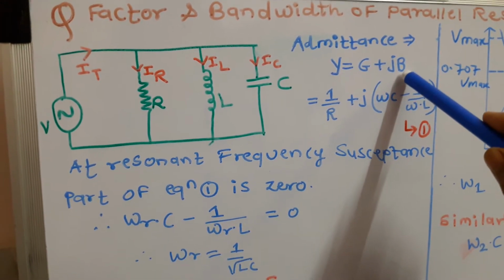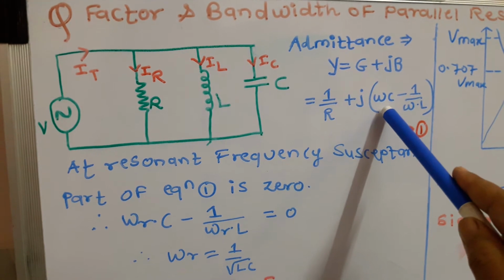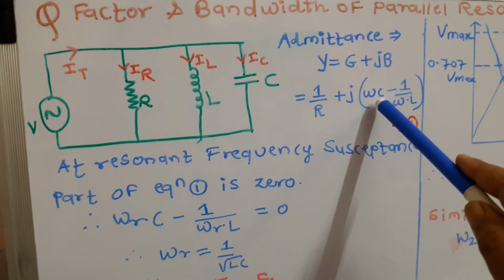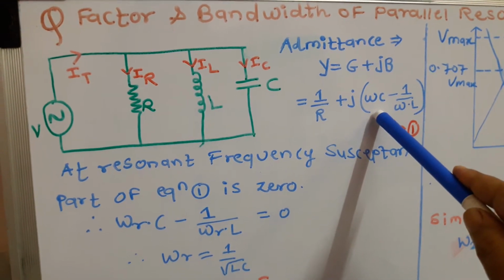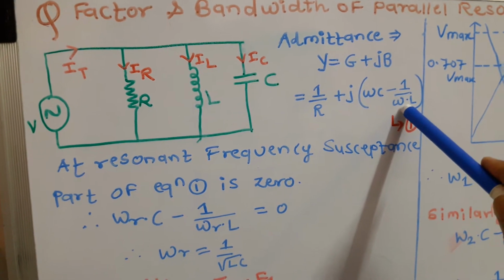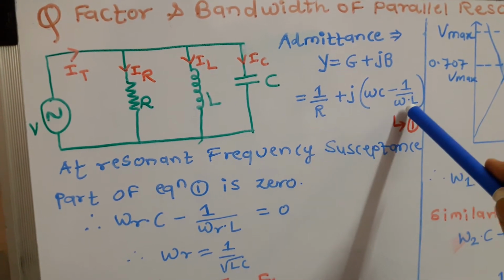When will this B part become 0? When omega C minus 1 upon omega L is equal to 0. Now for the series resonant circuit, we take capacitive reactance as negative and inductive reactance as positive. Here the formulas are exactly opposite.